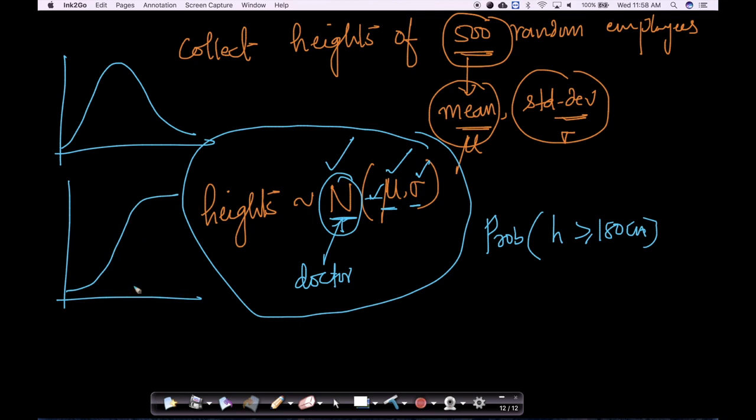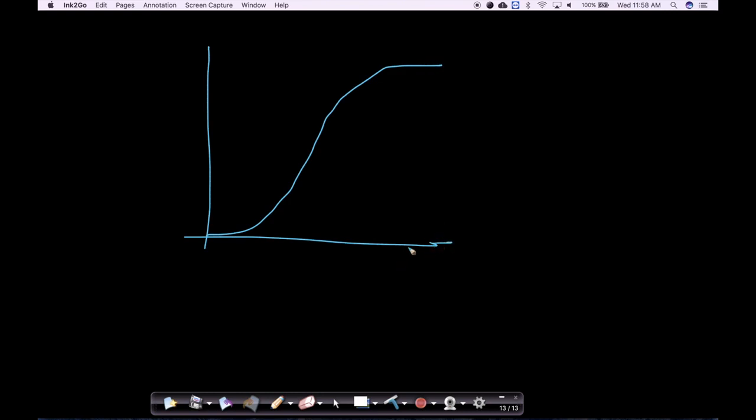Now in my CDF, let's assume these are my heights. In my CDF, I'll say where 180 centimeters is and what percentage of people are above 180 centimeters. Let's say 1% of people are above 180 centimeters. I can read this from my CDF, because what will my CDF look like? If I look at the CDF of my Gaussian distribution, it looks like this, right?